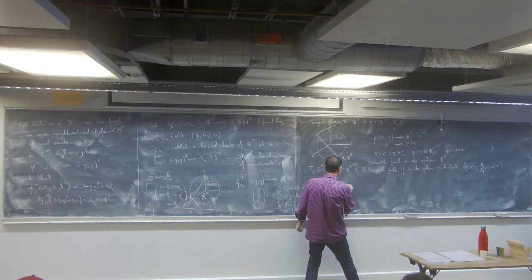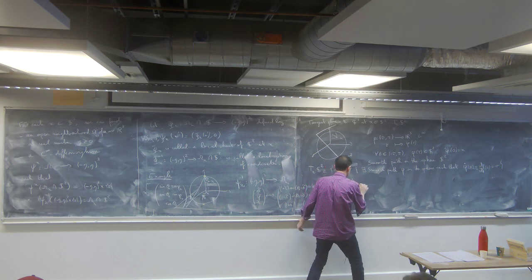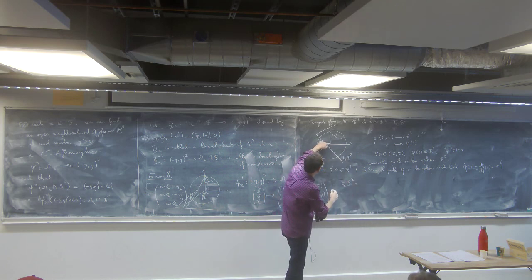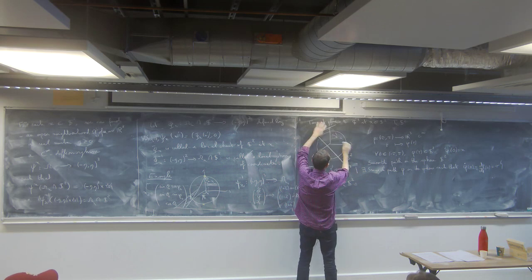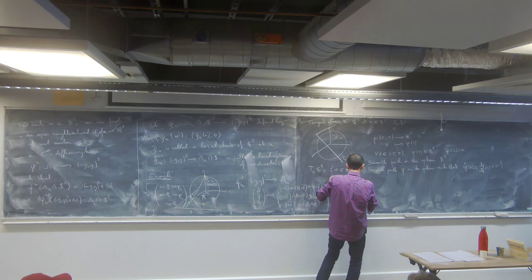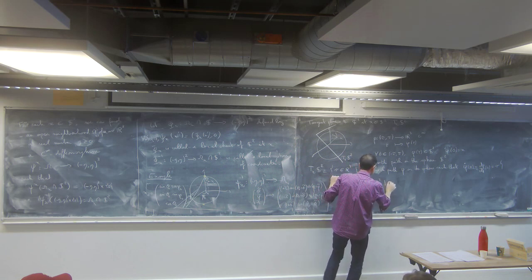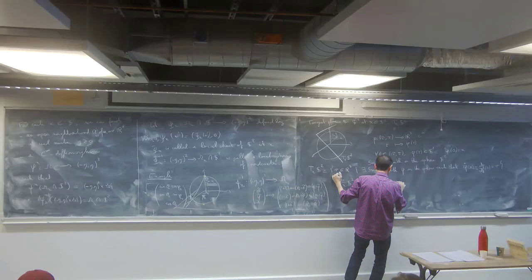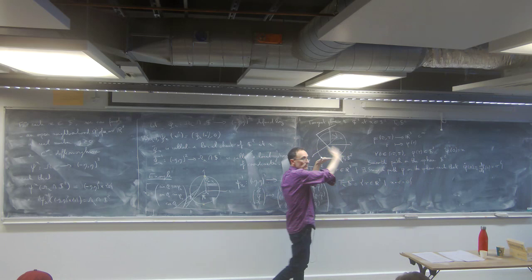First, what is the tangent space to S2? You can see it as the set of vectors which are orthogonal to x. So it's the set of V in R3 such that x dot V equals 0. That's the tangent plane.